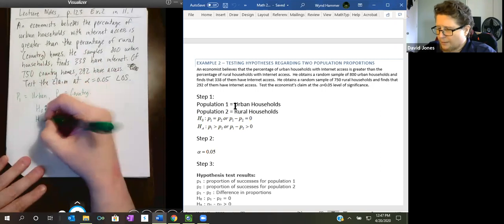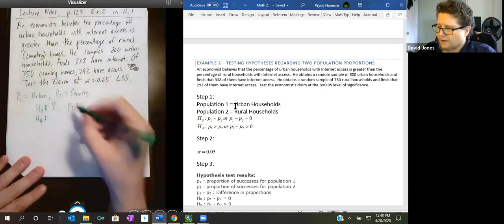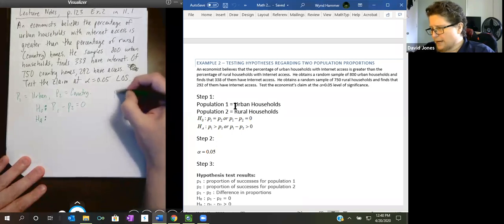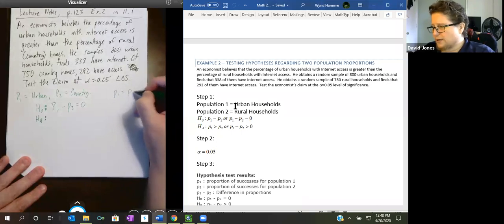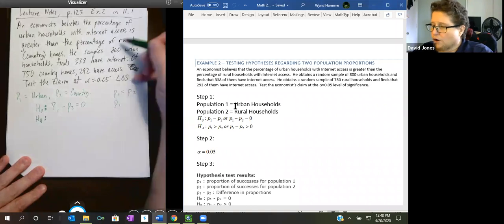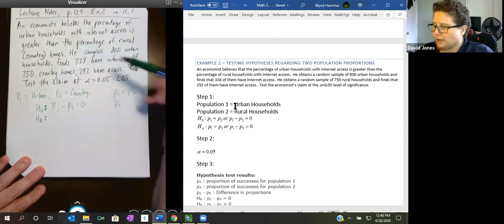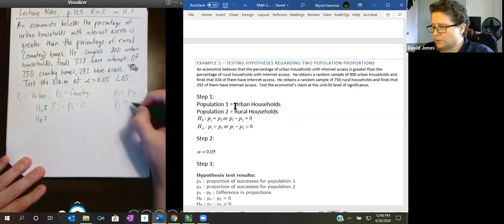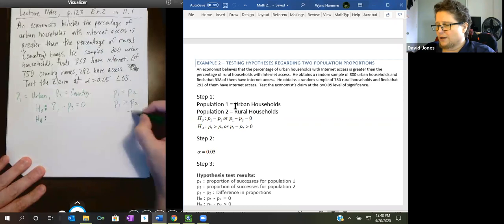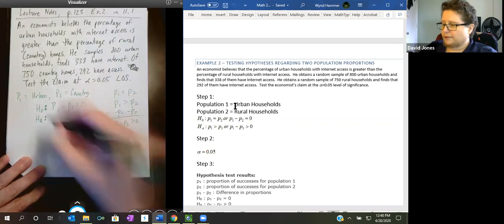The alternate hypothesis, HA, well, we had P1 equals P2, but we wanted to say the urban households are greater than country. So we're going to say P1 is greater than P2. We subtract P2 from both sides, and we get P1 minus P2 is greater than 0.